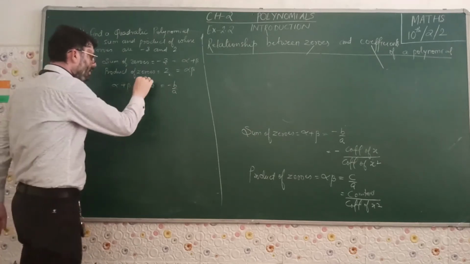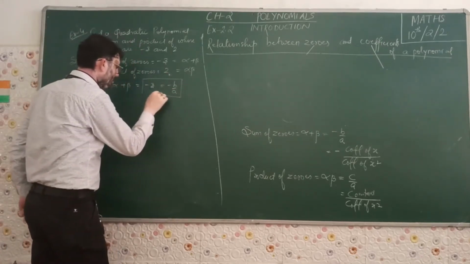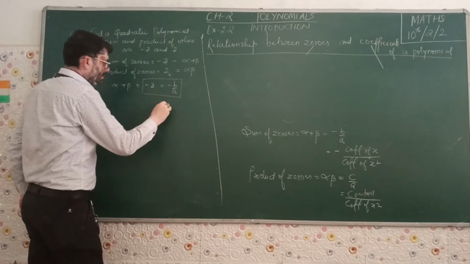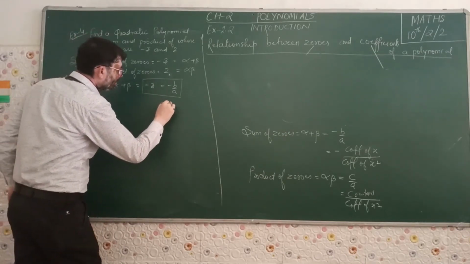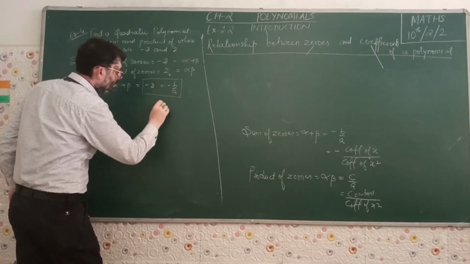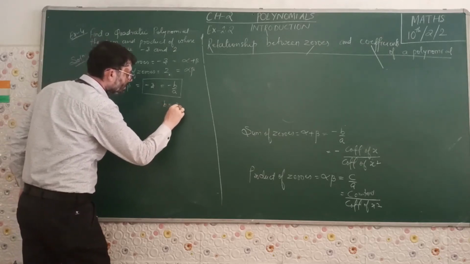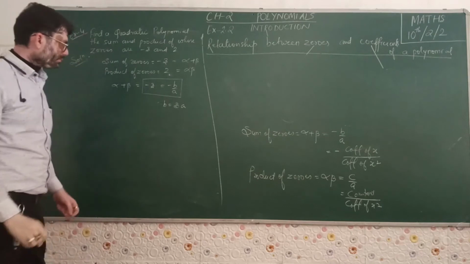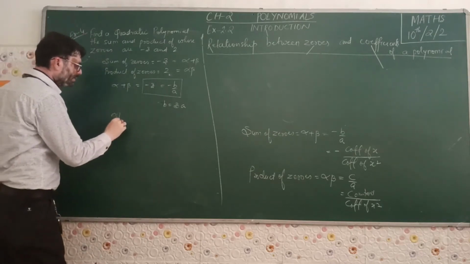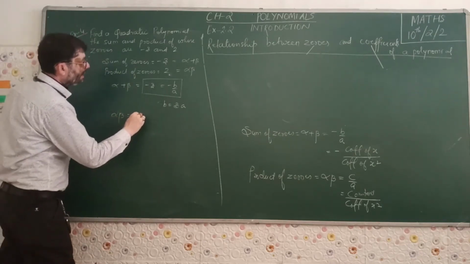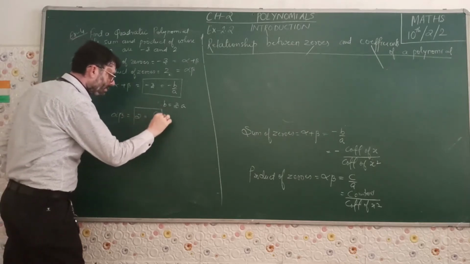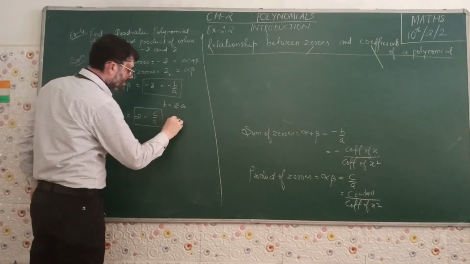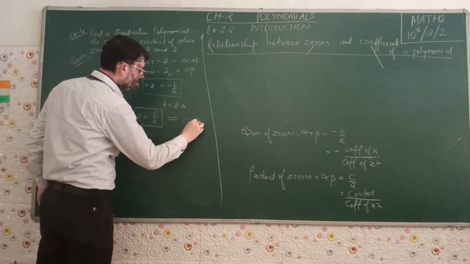If you solve this part, you get b equals to 3a, and alpha into beta is, we have 2, and this is c by a, and if you solve this part, you get c equals to 2a.